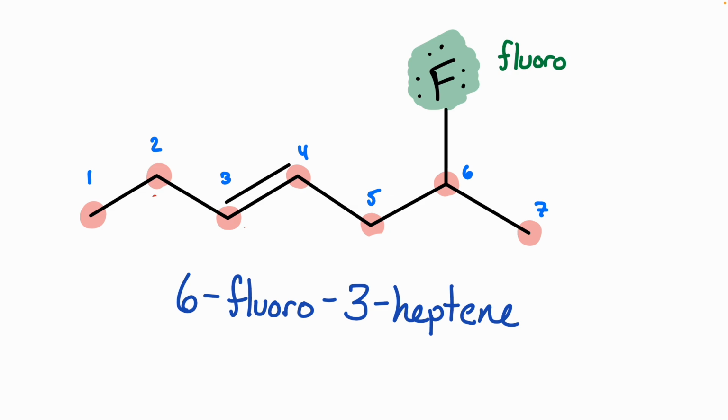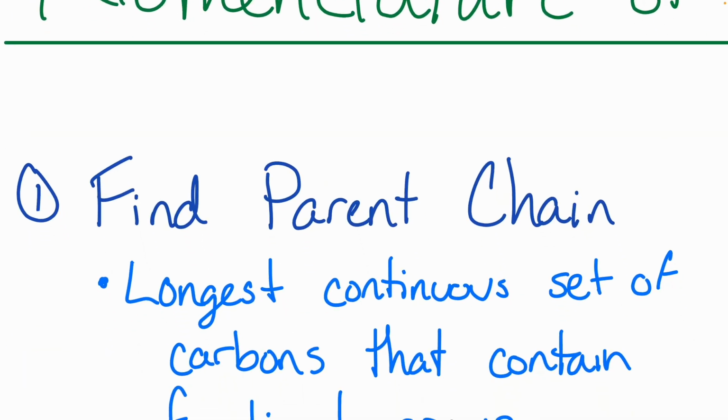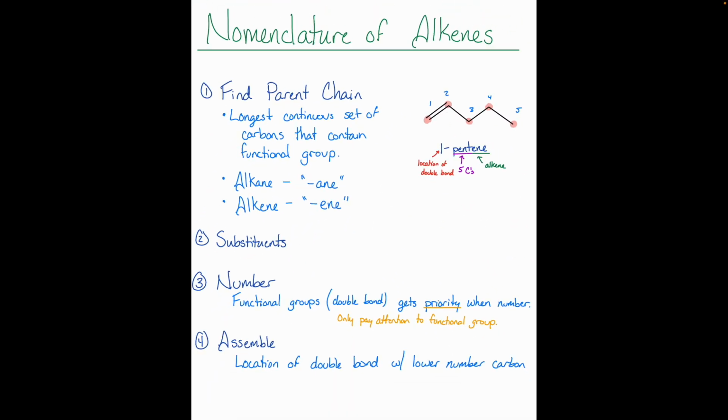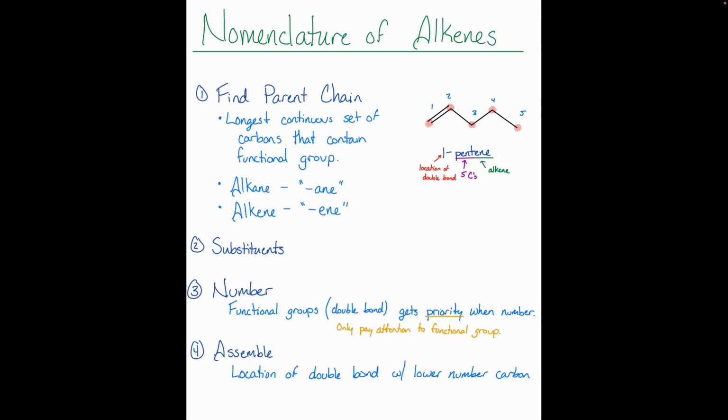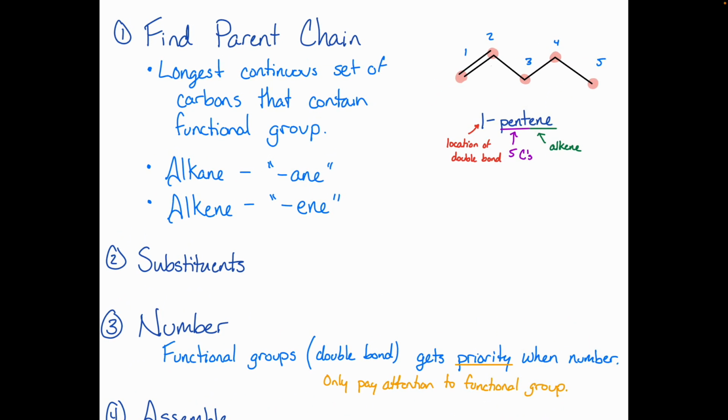All right, and now for the worst of all of them. I'm kidding. That's it. So this is our altering of our rules for nomenclature here. Now we've introduced a new functional group, okay? Importantly, it changes how we're going to find and name our parent chain. We're going to make sure that the functional group is in that parent chain, and we're going to update our ending.